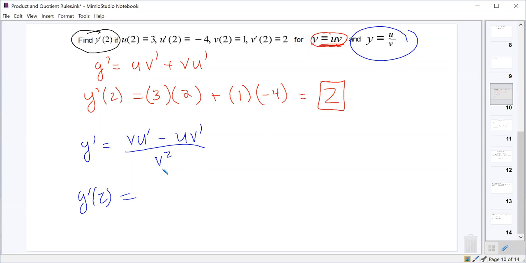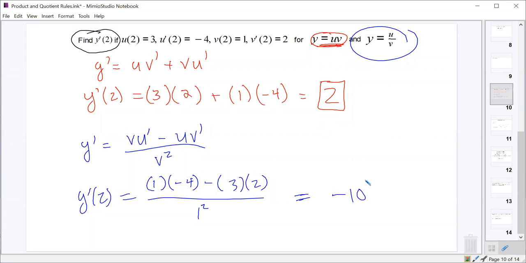V of 2 is 1. U prime of 2 is negative 4. U of 2 is 3. V prime is 2. And then in the denominator, v squared is 1 squared. And what do you end up with this way? Negative 10. Perfect. Easy enough.